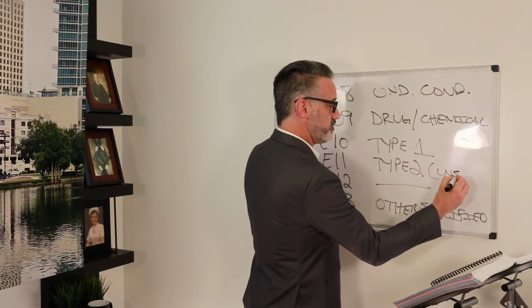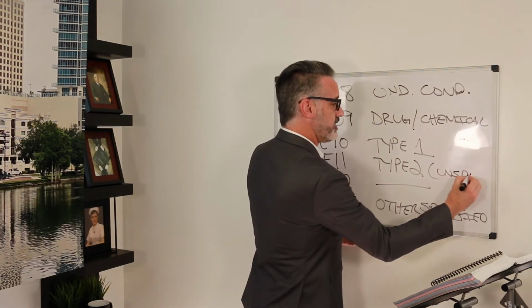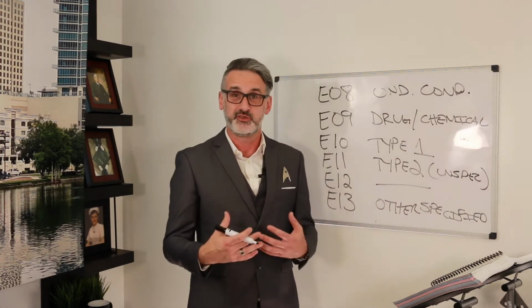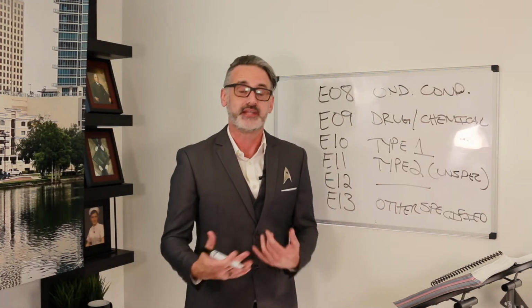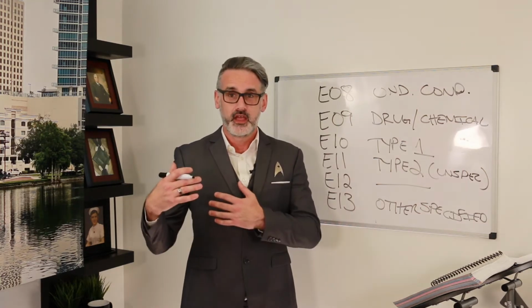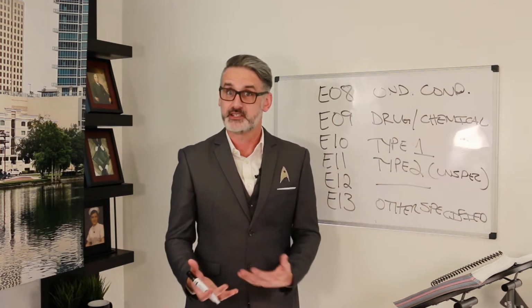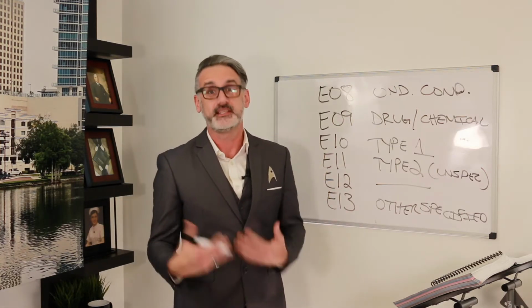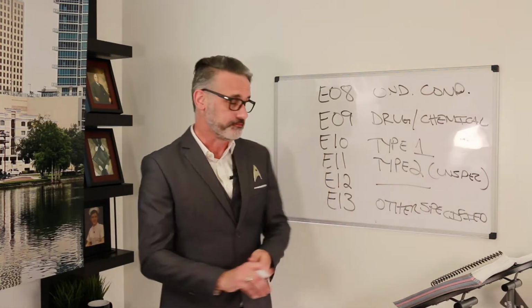I'll write UNSPEC for unspecified. Just think of that as whenever we have to essentially assume or guess based on the documentation requirements, we always default to the healthier status of a patient. So between type 1 and type 2 diabetes, the healthier status of the patient.